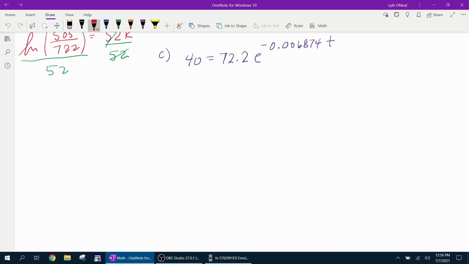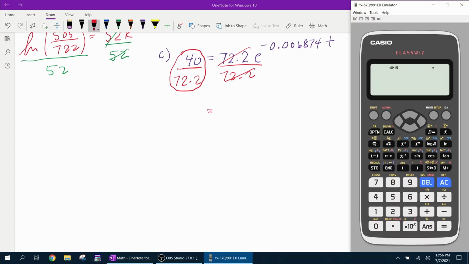Alright, so the first step to solve for t would be to divide both sides by the coefficient of e, 72.2. Get those to cancel, and then we're going to need to calculate this value out with a calculator. So that's going to be 40 divided by 72.2. And you can leave that as a fraction. That would give you the most exact, most precise value for t.